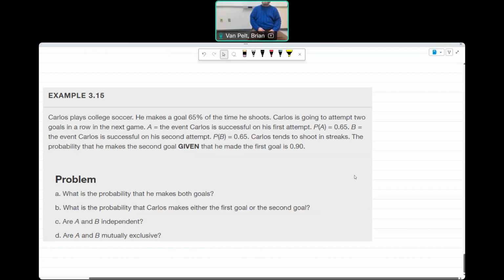What is the probability that he makes both goals? That means they want A and B to be true.